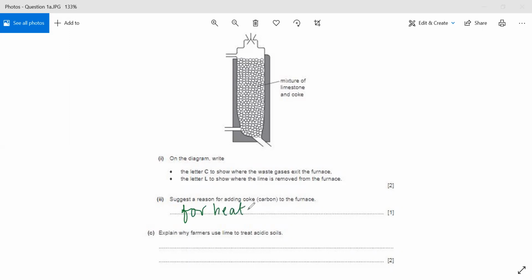You can say to produce a high temperature. This is what coke does for the furnace, not only in this reaction, but in other reactions like extraction of zinc. This is the job of coke in the furnace.